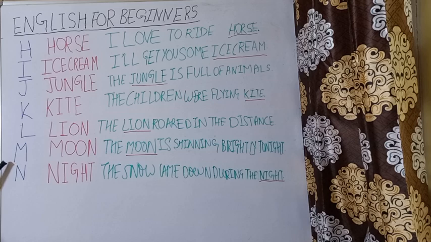M. M for moon. Moon is spelled as M O O N. Let's see how the word moon can be used in a sentence.